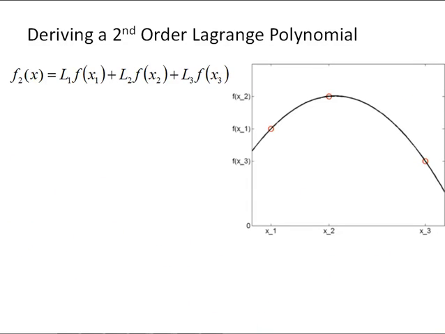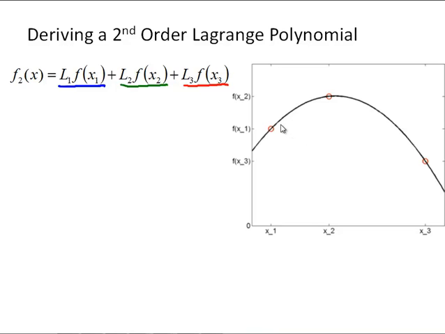So again, that second order Lagrange polynomial is going to be a summation of three quadratics: L1 times f of x1, L2 times f of x2, and L3 times f of x3. Now, L1 times f of x1 is going to be a quadratic that's equal to f of x1 but goes to 0 at x2 and x3.